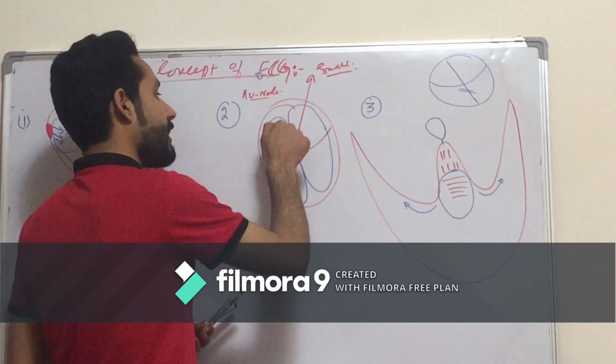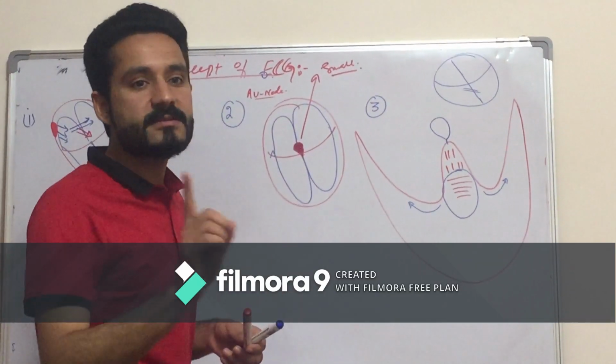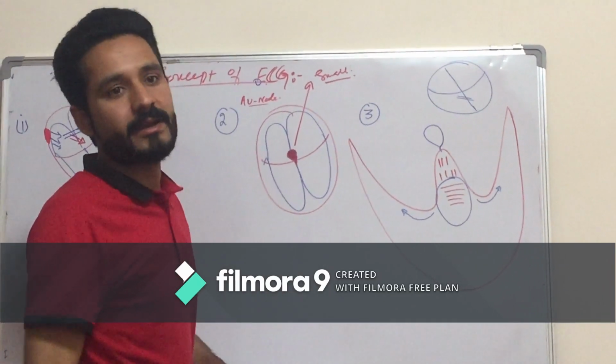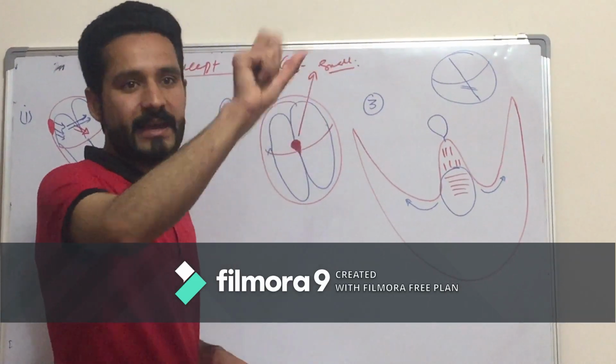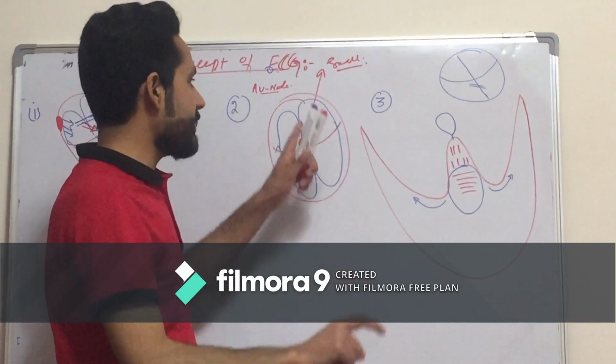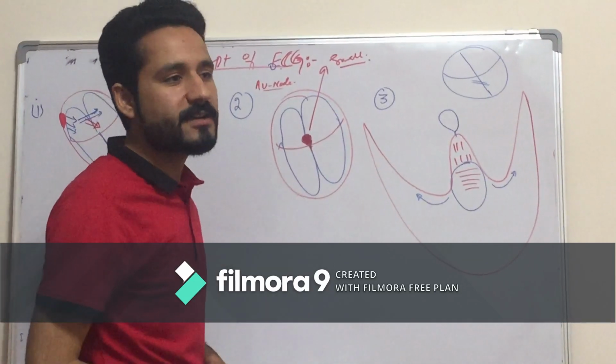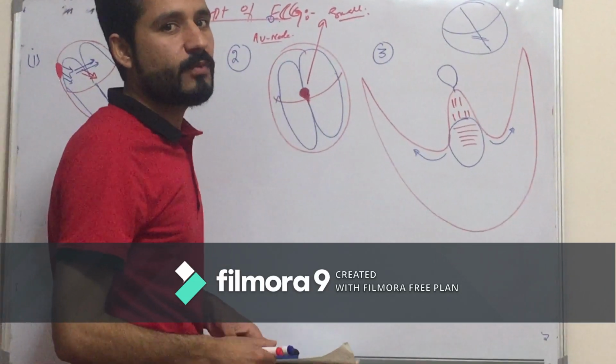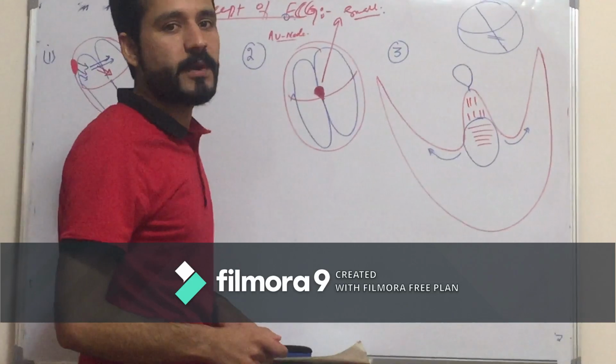So the heart in this case will remain silent, and on the ECG paper the isoelectric line represents the electrical impulses which are not picked up by the ECG machine.